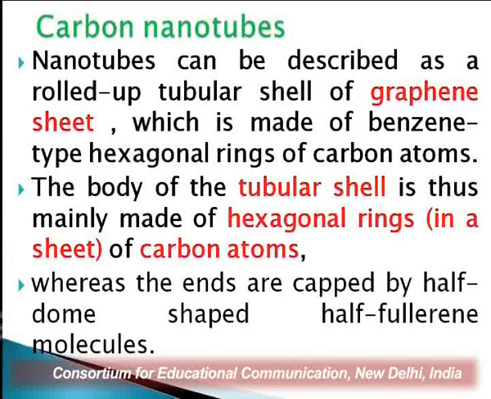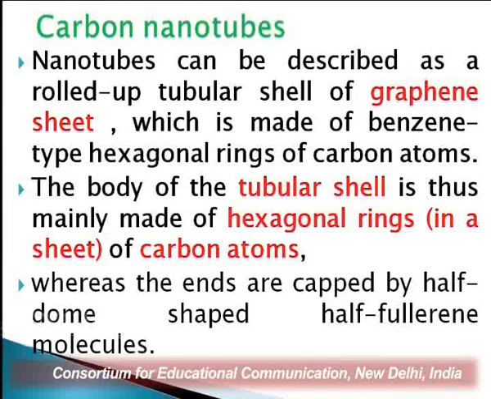All the carbon atoms are arranged in the hexagonal form, and form a sheet, and when that sheet is rolled, the nanotube is formed. So the nanotube is formed by the graphene sheet. The body of the tubular shell is thus mainly made of hexagonal rings in a sheet of carbon atoms. So hexagonal rings are arranged in a discrete manner, and then we can get the nanotubes.